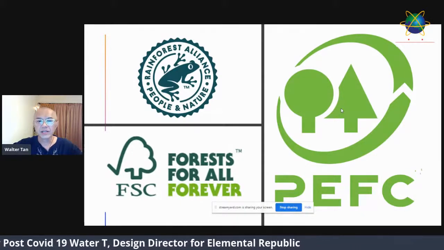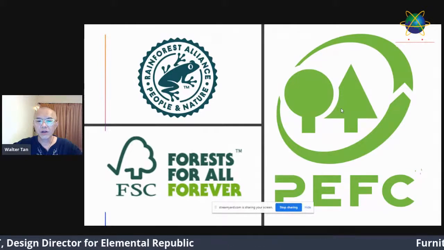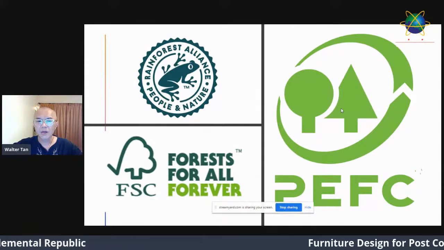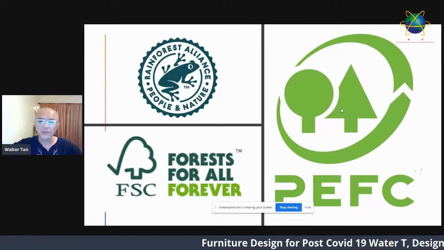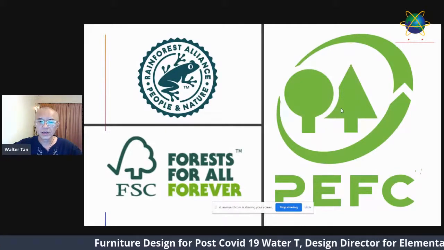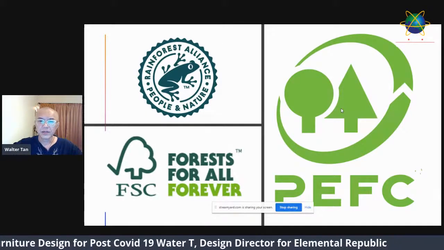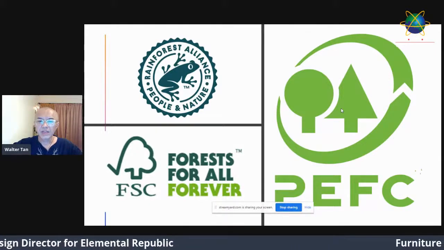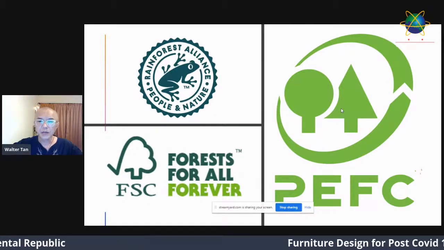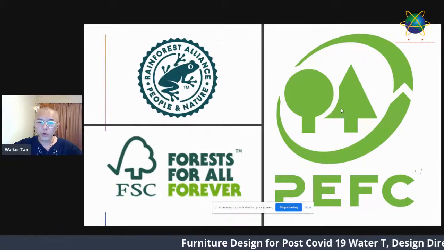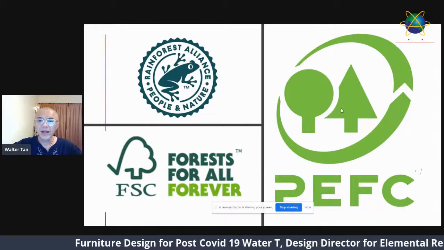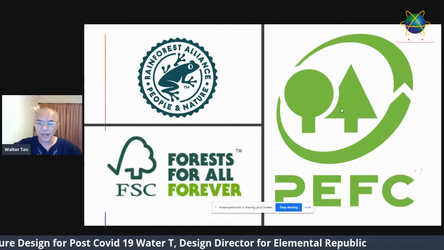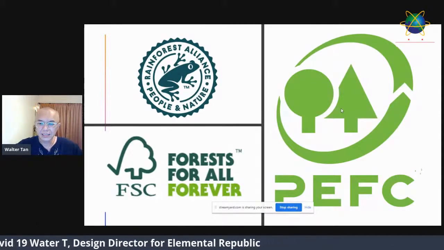I found that designers don't know about this at all. They just simply design, and they don't know the after effects of the design. So you have to hold responsibility for what you have designed, and for your mindset.